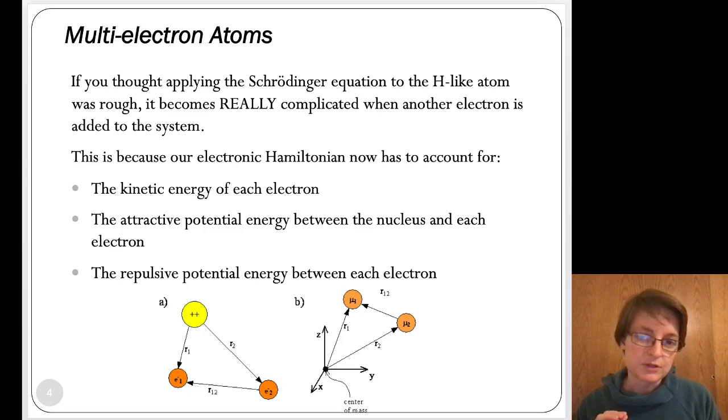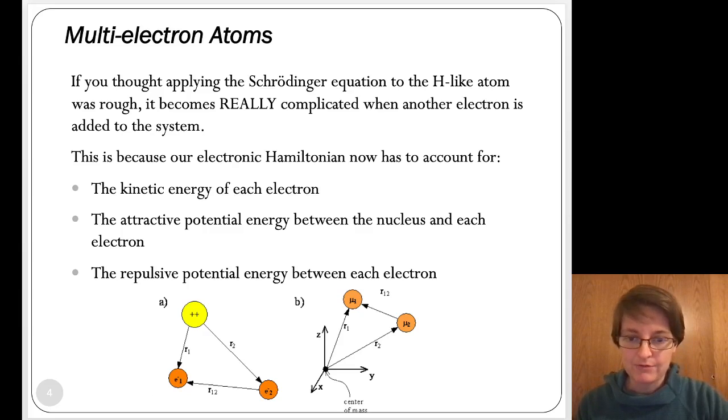Now, remember, we're restricting this discussion to the electronic Hamiltonian, and so we don't need to think about the nuclear kinetic energy, but we do have to think about the kinetic energy of each electron, and we have to think about all terms related to the potential energy, which now not only includes the 2 terms that are going to describe the attractive potential energy between my nucleus and electron 1 and my nucleus and electron 2, but it's also going to have to describe for us the repulsive potential energy between these 2 electrons, that because they have similar charges, the same charge, both negative, they're going to repel each other.